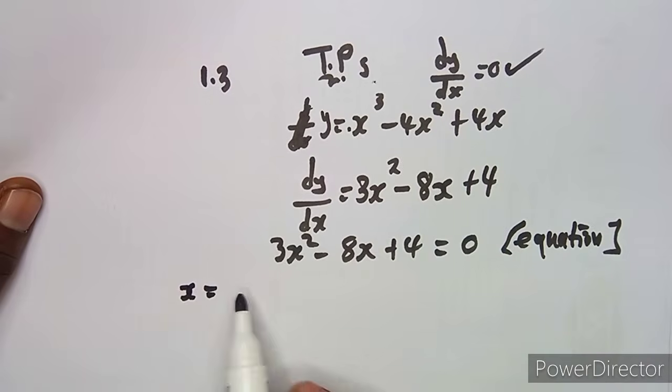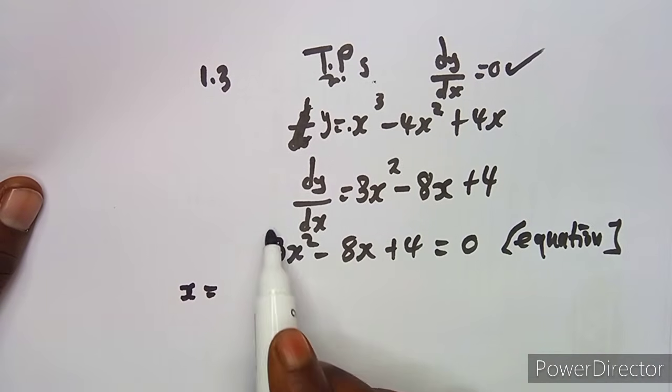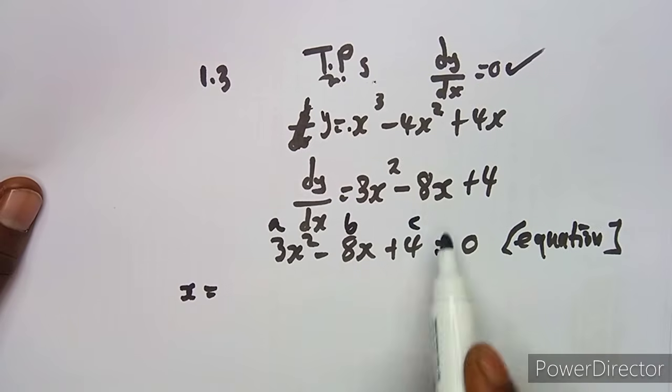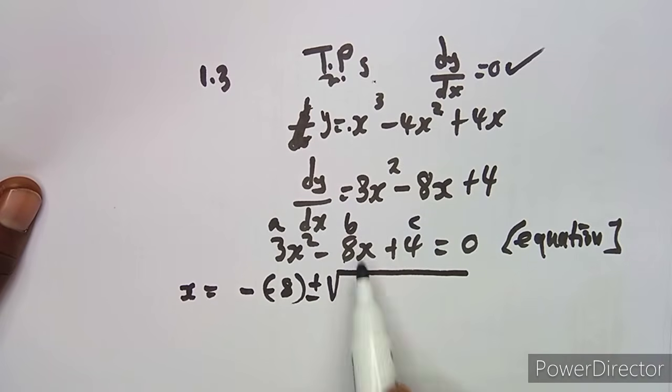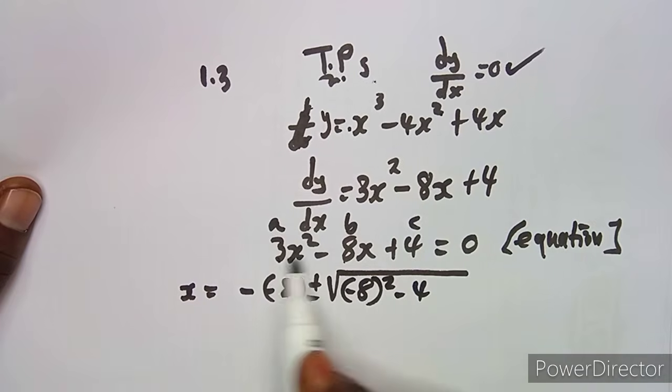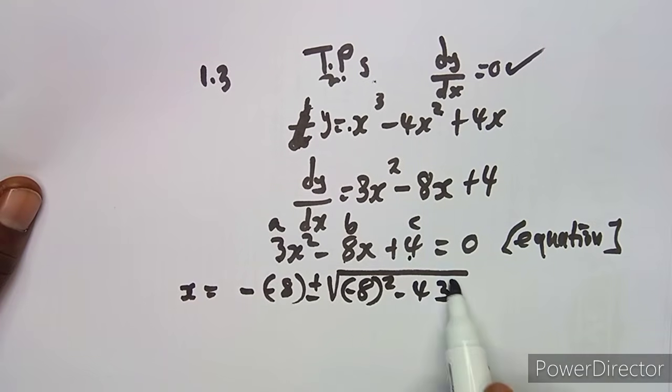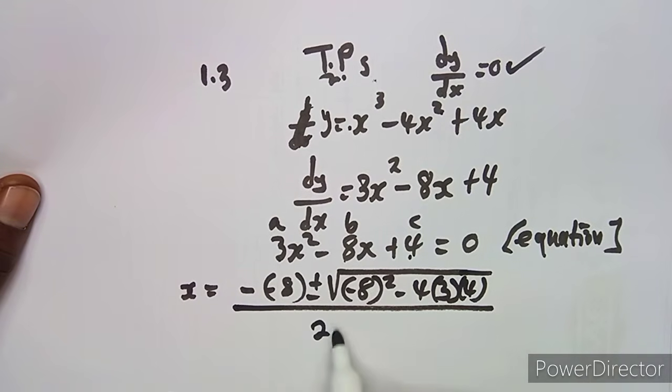So using the quadratic formula, you know that x is equal to minus b, we have got a, b, c, so it's minus b, which is minus 8, plus or minus the square root of b squared, which is minus 8 squared, minus 4ac, so this is 3 times 4, over 2 times a, which is 2 times 3.